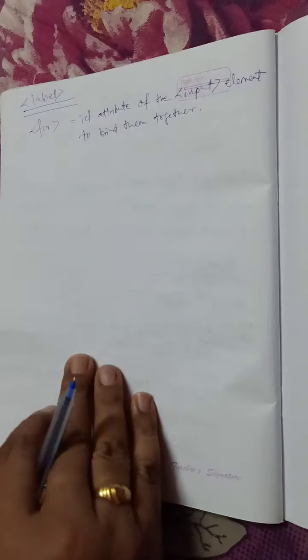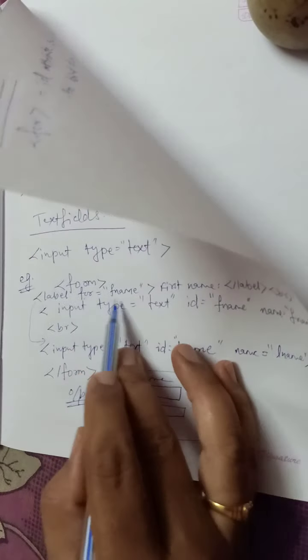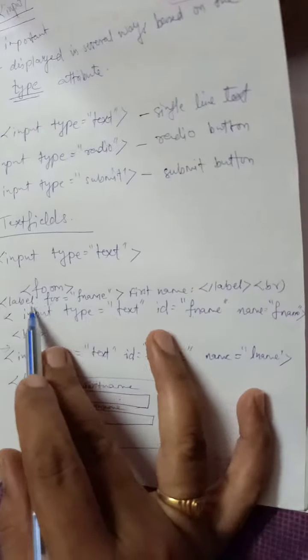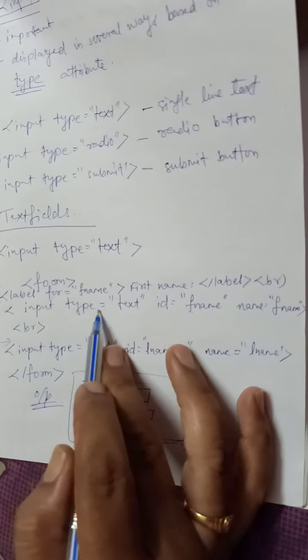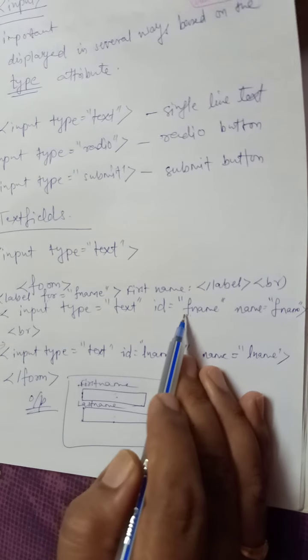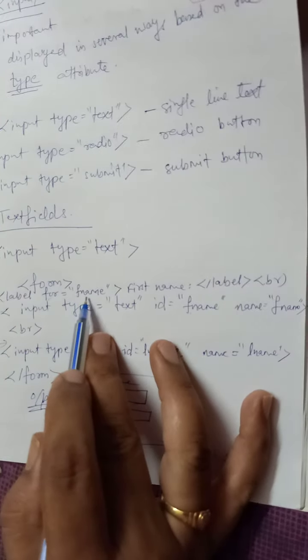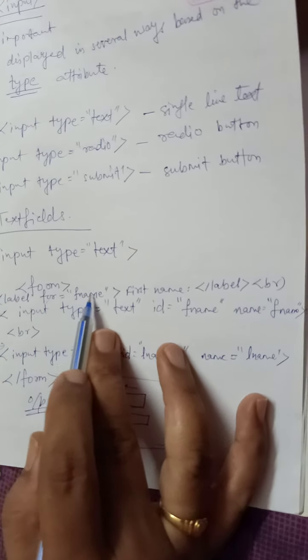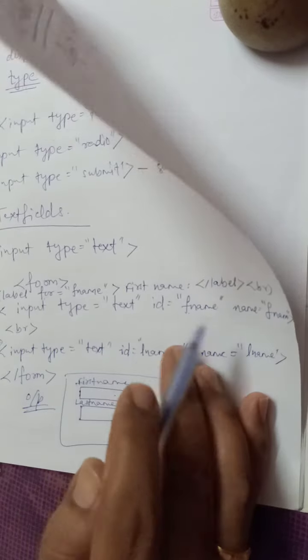In my previous example, this label I'm writing for this input type. For this input type you can see the id is fname, so this fname is written here so that this label will be bound to this text box.